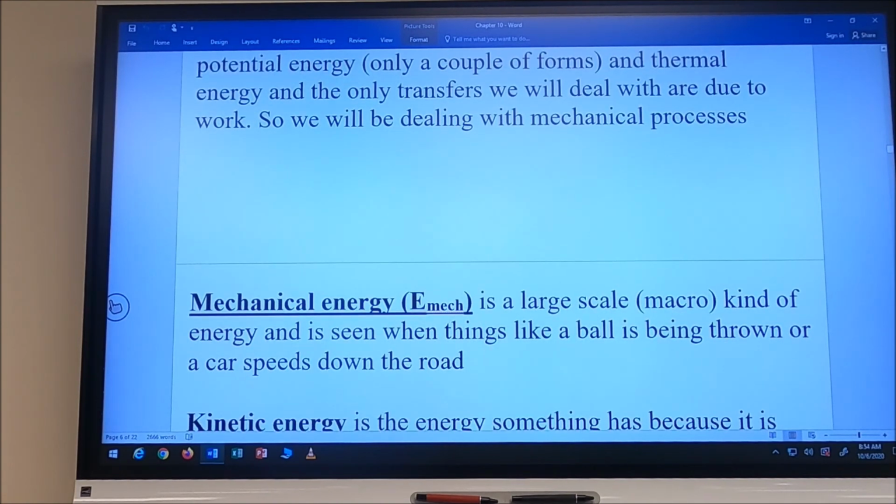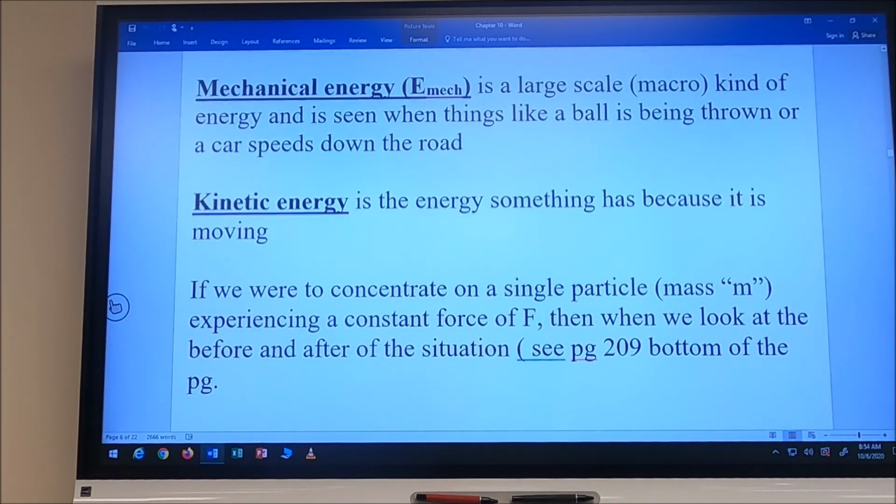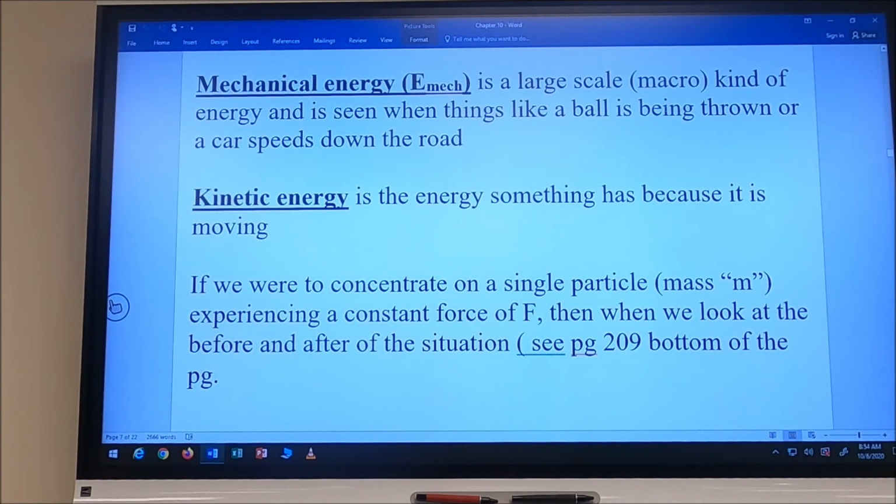Now, let's start by looking at macro scale kinetic and potential energies. Okay? Now I'm going to throw a new term at you, mechanical energy. Mechanical energy is macro scale forms of energy. Okay? So E mechanical is going to be the grand sum total of the macro scale energies inside our system.